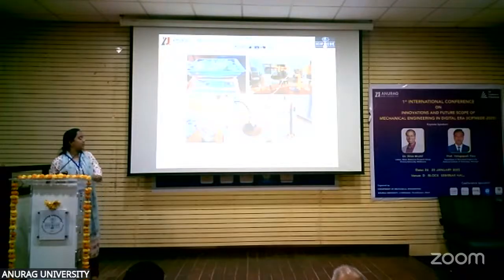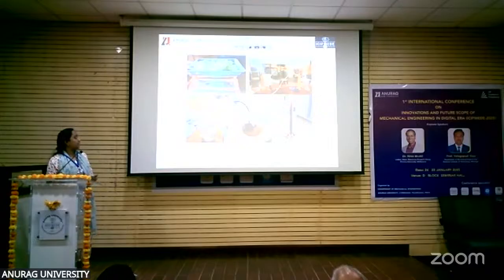So this is the setup of our experiment. You can see that a condenser is attached to the reactor, and the outlet is collected in a beaker. In the reactor, after the melting of raw materials, a gas is produced. It is then passed through the condenser using an L-bend. Then we have used water as a medium for cooling.